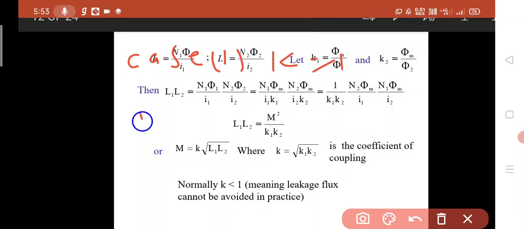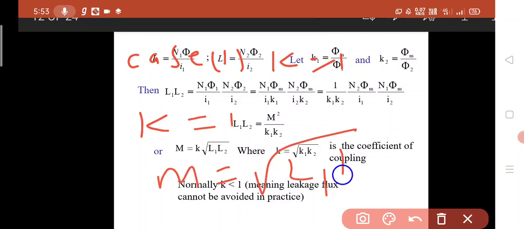So when K is equal to 1, M is equal to under root L1 L2. L1 is the self-inductance of coil 1, L2 is the self-inductance of coil 2.